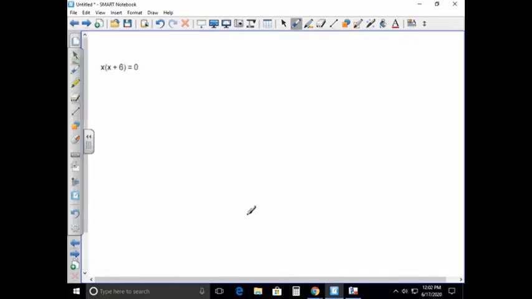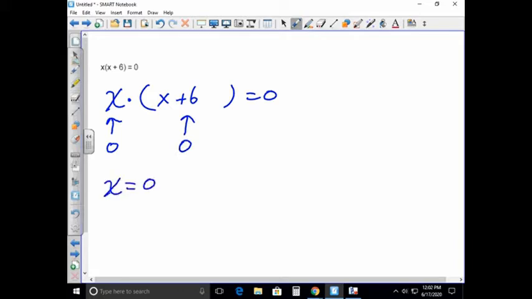So on all of these problems, we want to have a 0 on one side, a product on the other side. So here we have a product on the left. We have x times that parenthesis, and then we have a 0 on the other side. So we want to find out how can we make that equal to 0, and how can we make that equal to 0. So we take the first factor, set it equal to 0, the second factor, set it equal to 0.